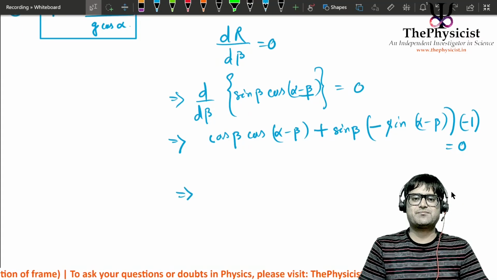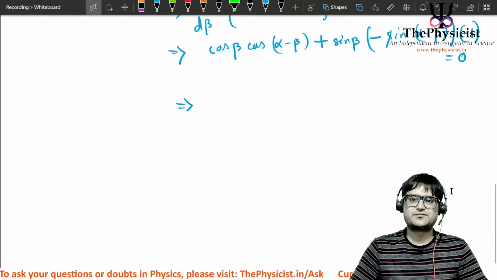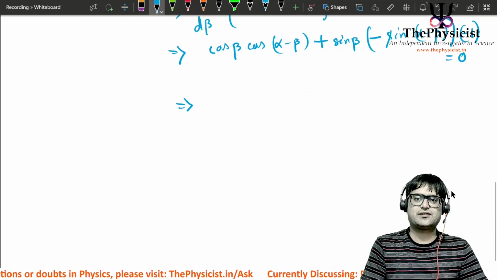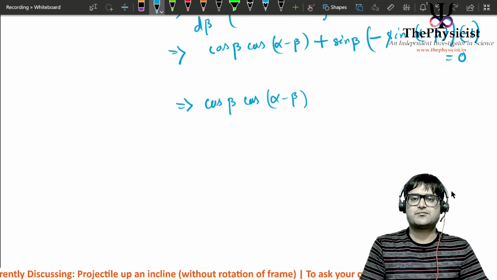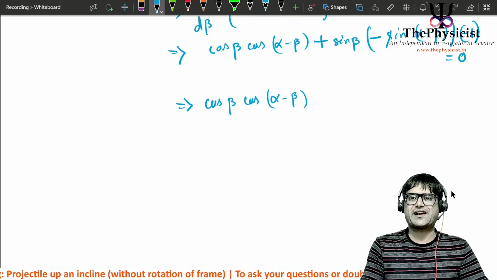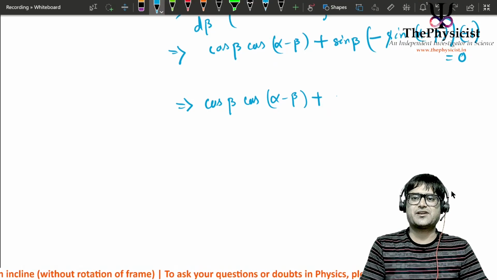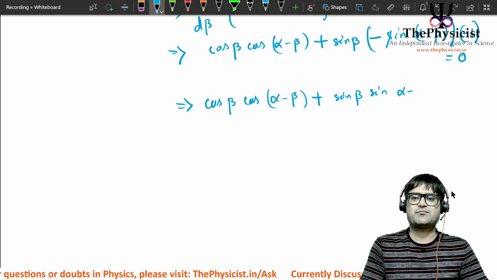So in the next step, we're going to write cosine of beta into cosine of alpha minus beta, then it's just positive. Negative is positive, so it's going to be sine beta into sine alpha minus beta, which is 0.